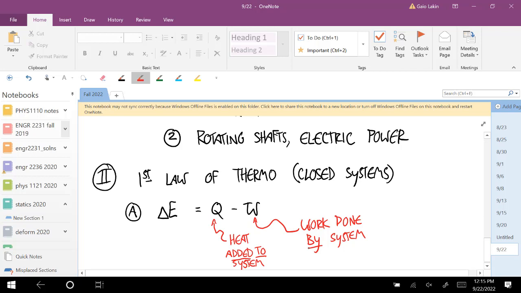So positive Q is adding energy to the system. Positive W is taking energy away from the system.